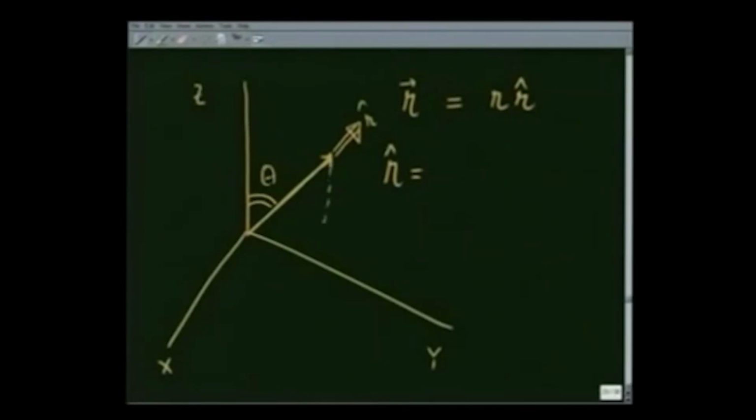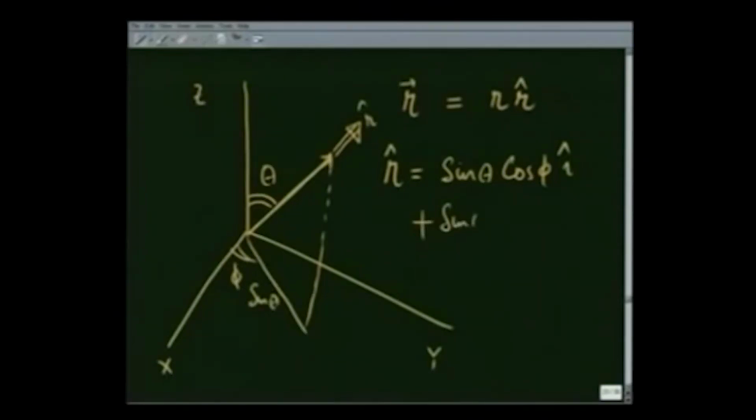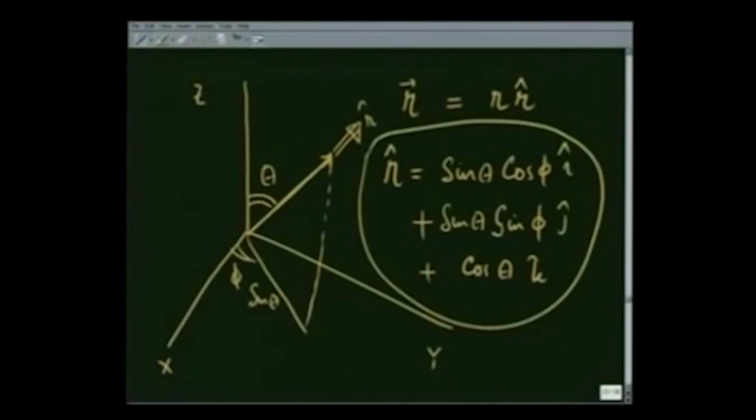The projection on the xy plane of this is nothing but sine theta, and therefore the x component is sine theta cosine of phi i plus sine theta sine of phi j, the y component of this projection, plus cosine of theta k. This is the unit vector in r direction. How about the unit vector in theta direction?